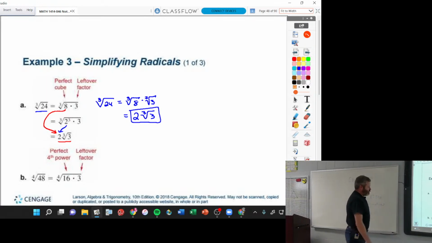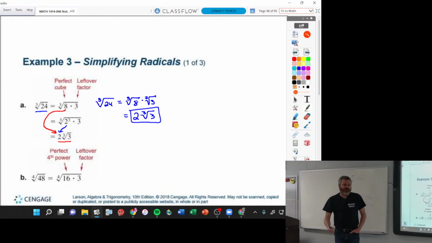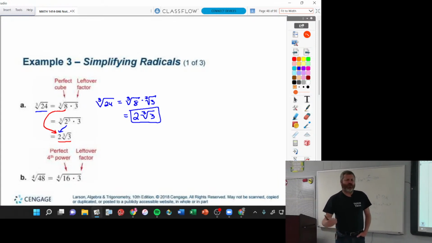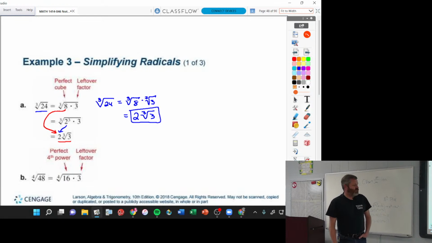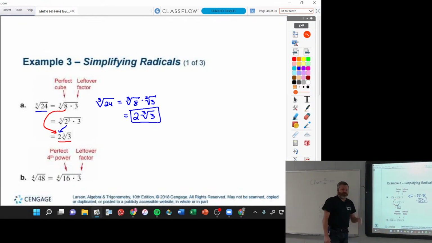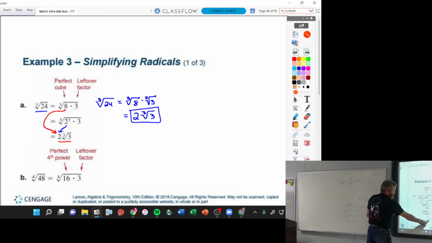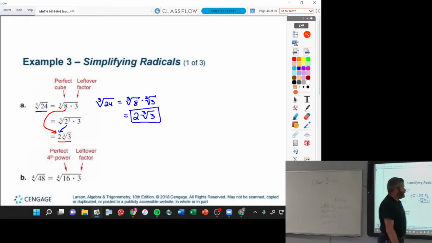Part B. I'm doing the fourth root of 48, which means I'm looking for the biggest perfect fourth power that goes into 48. Well, 16. 16 is a perfect fourth power because 2 times 2 is 4, times 2 is 8, times 2 is 16. So 2 to the fourth power is 16, and 16 times 3 is 48. I'm going to scroll down for the rest of this problem.